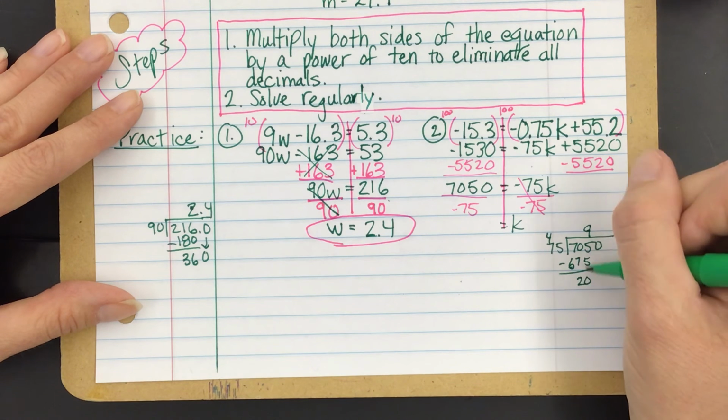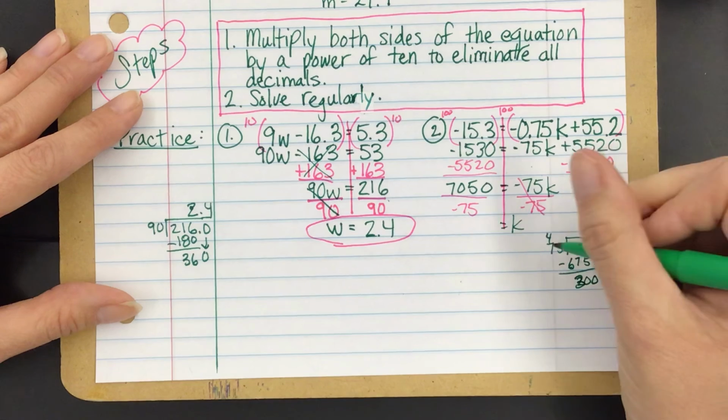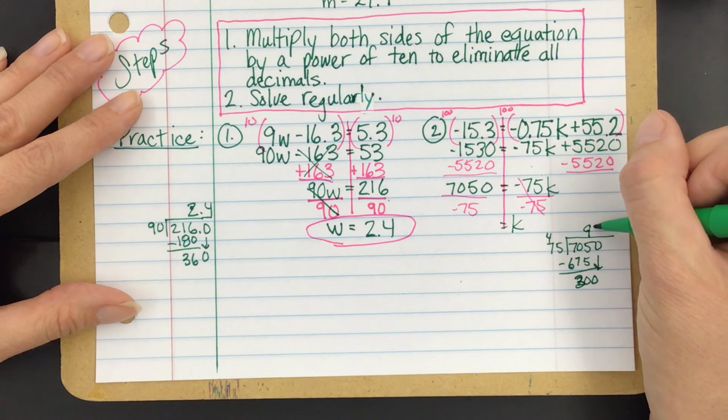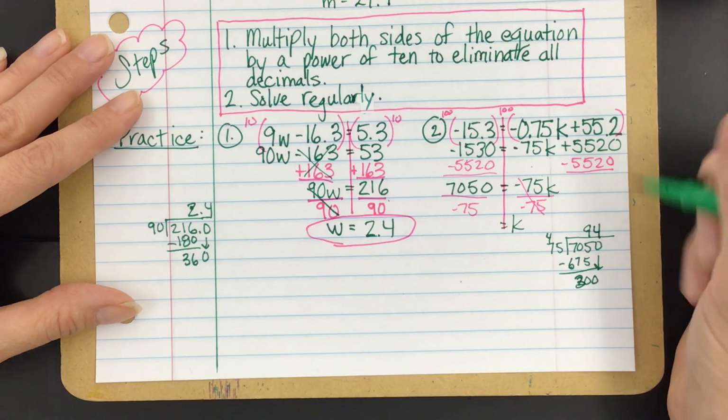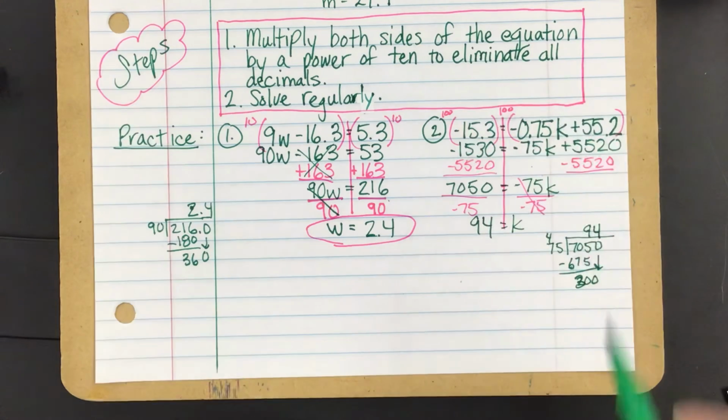This is 30, this is 30. Bring down a 0. This goes into 300 4 times? Is that right? Okay. So I'm going to get 94. Is that what you all got? Yeah, I hear yeses and nos.